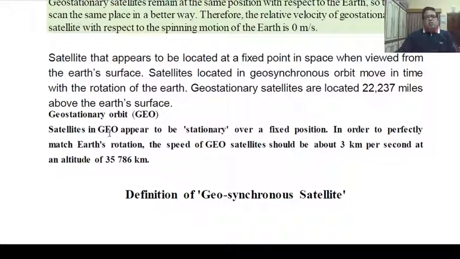Satellites in geostationary equatorial orbit appear to be stationary over a fixed position in order to perfectly match Earth's rotation. The speed of GEO satellites should be about 3 km per second at an altitude of 35786 km.